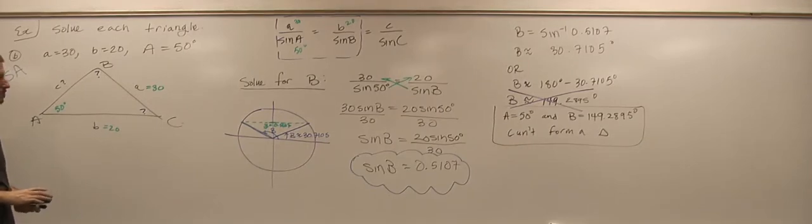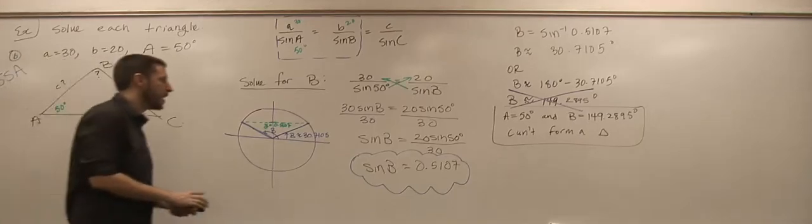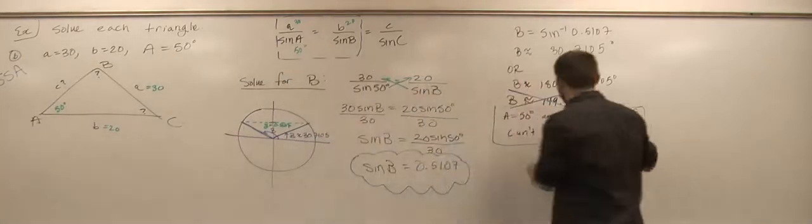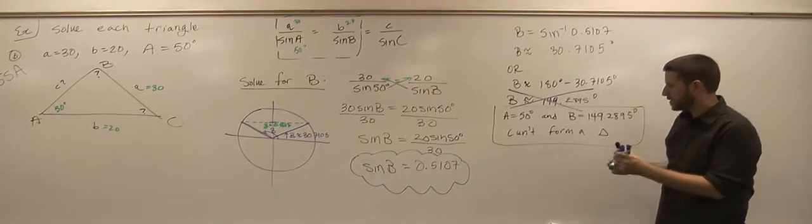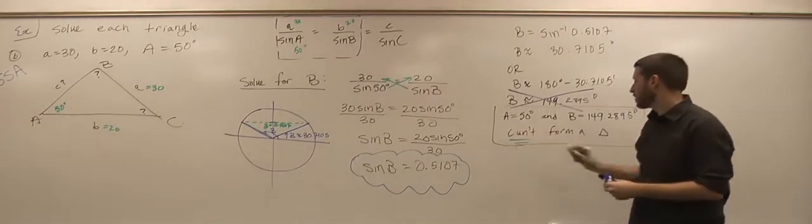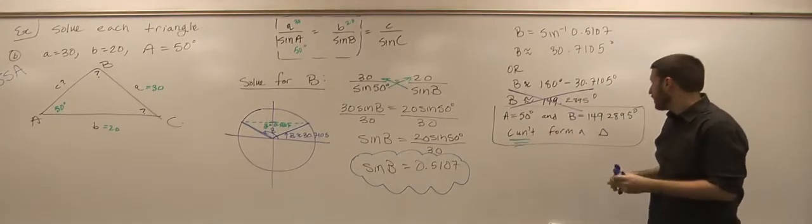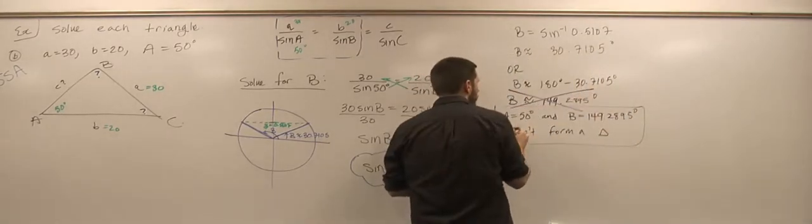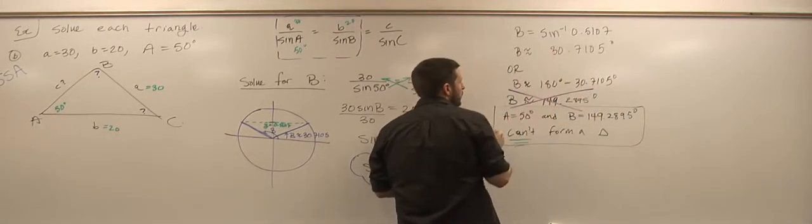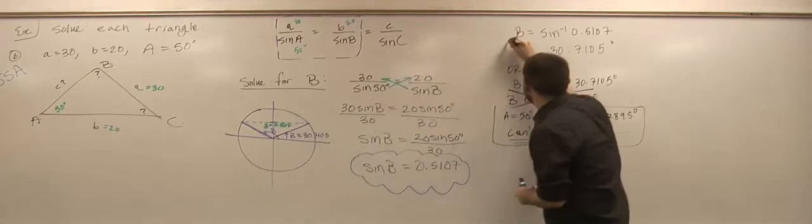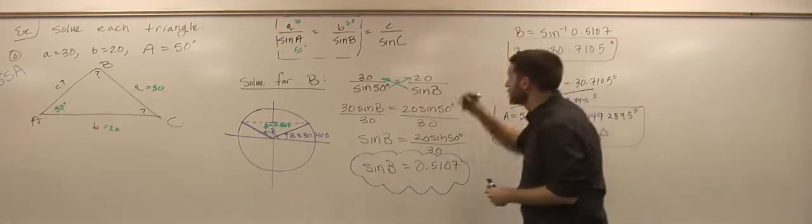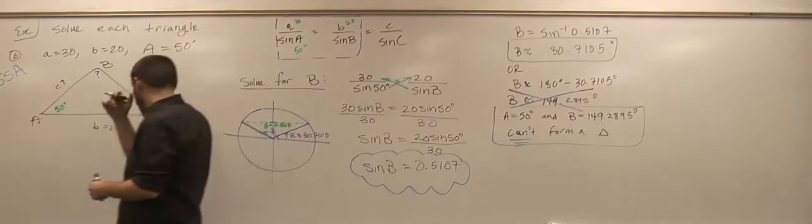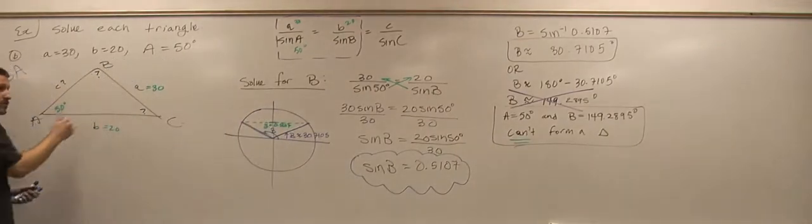Okay. Cool. Great. Fantastic. So once we have B equals 30.7105, how do we get the remaining pieces of information? You figure out what C is. And how do you get C? 180 minus. You can subtract now, right?